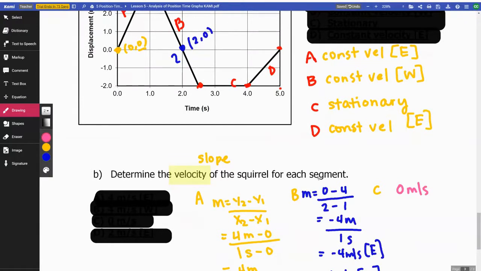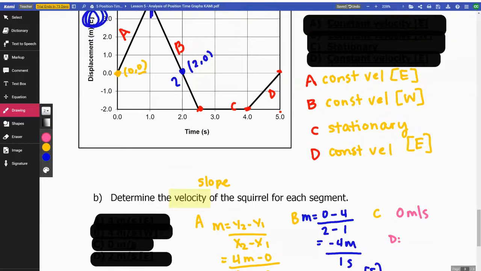Okay, I'm just going to do it over here. So for part D, I picked 2 points again. The first point is right here. I'm going to say this is 4 seconds and -2. And then for this point up here, it's 5 seconds and it's 0. So 1 and 2, do your slope. M equals y2, 0, minus y1.